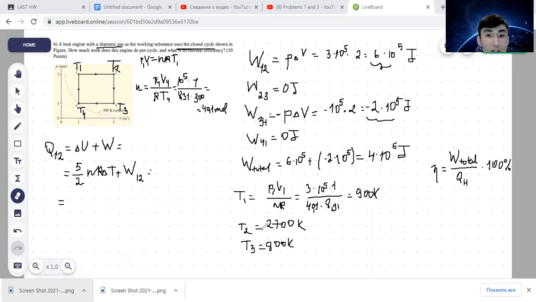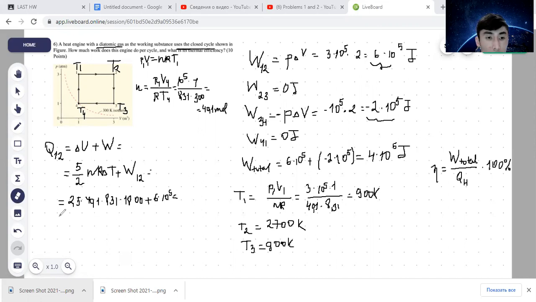So by these temperatures we can easily find the heat in each process. Let's calculate it. Here it will be 2.5 times 0.1 times 8.31 times delta T, which is T2 minus T1, right? This is the change of the temperature. Here it will be 1800, plus work 1 and 2, equal to this number, 6 times 10 to the power of 5 joule.